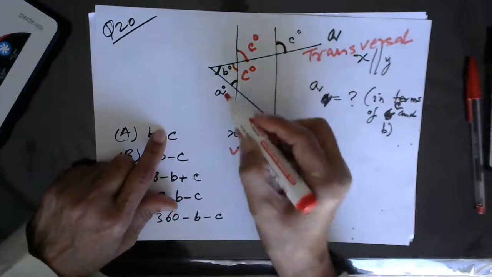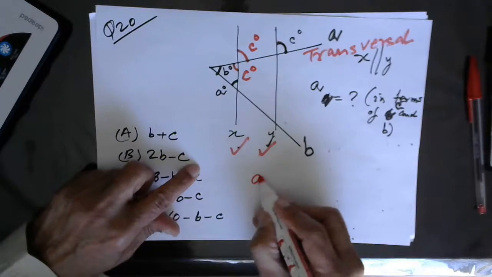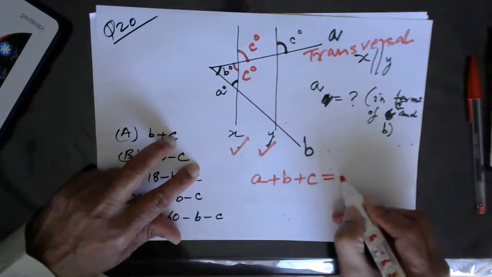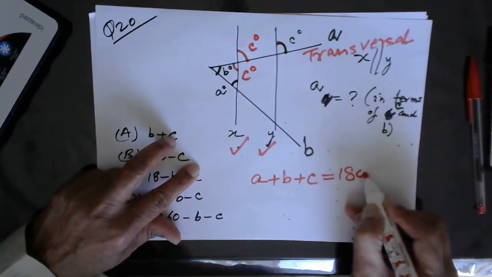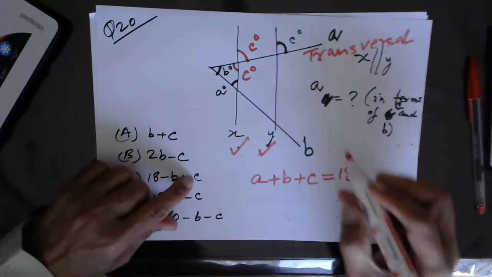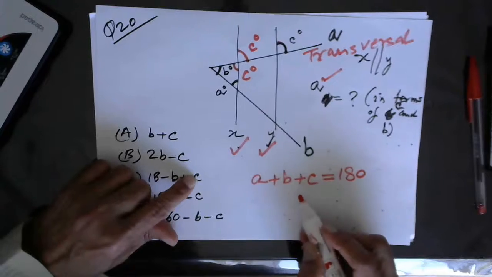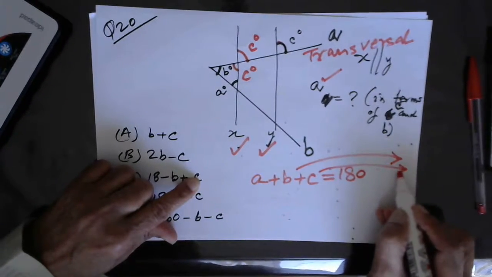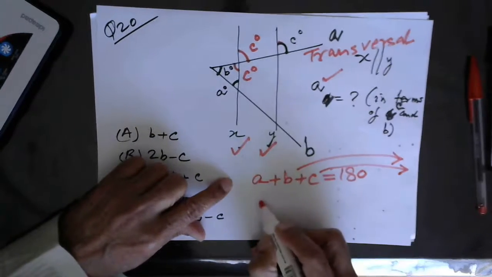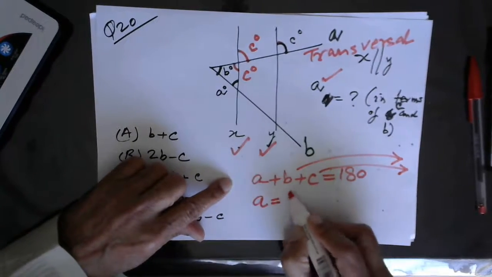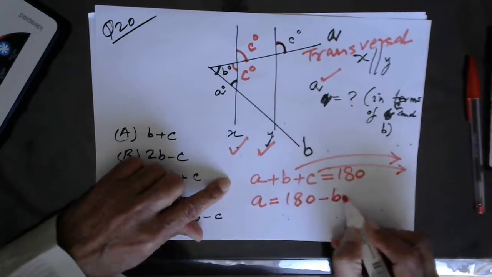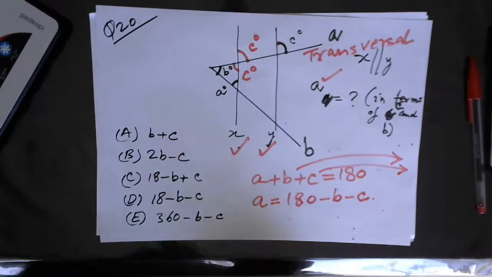And because these are the three angles of a triangle, A plus B plus C must be equal to 180. We are required to find A in terms of B and C. So I transfer B and C to the right side, and I will get A is equal to 180 minus B minus C. So this is the answer.